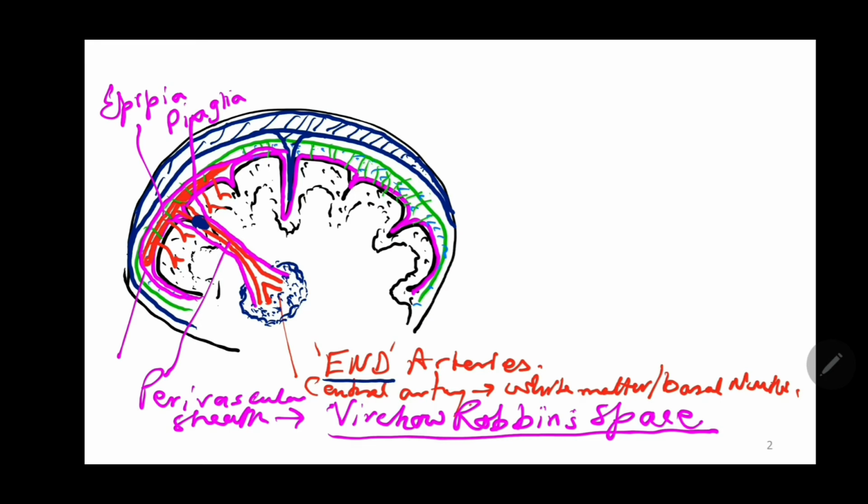Okay, so that was about the blood supply and related microscopic anatomy of the cerebral cortex. Now think about the other thing I'm talking about, the cranial nerves. The cranial nerves all arise from the brain. First and second arise from the forebrain. The remaining 10 nerves arise from the brain stem.